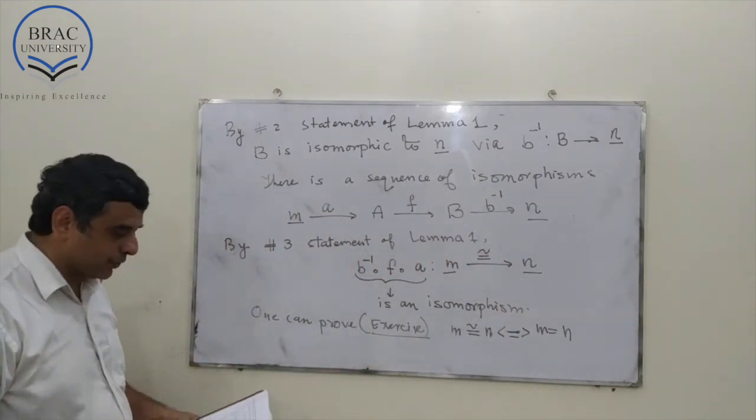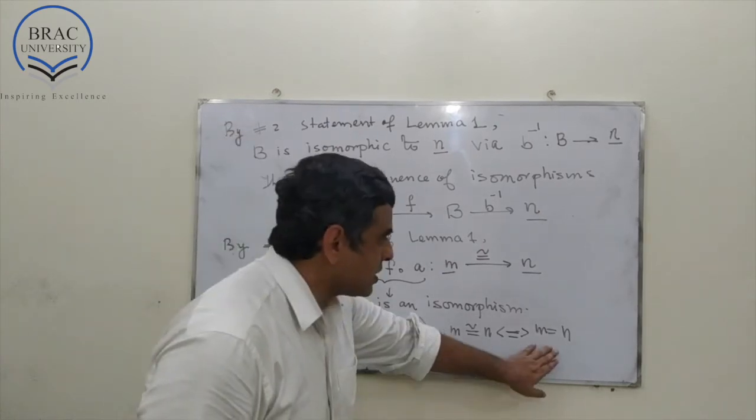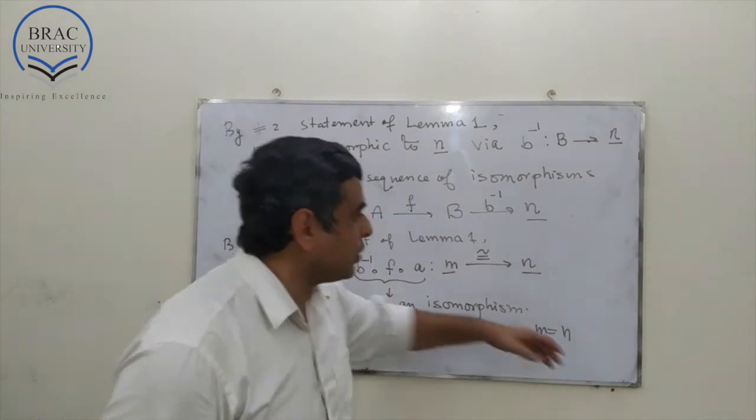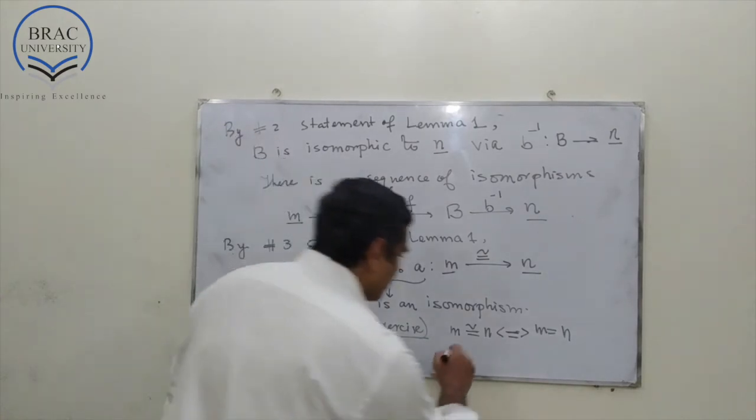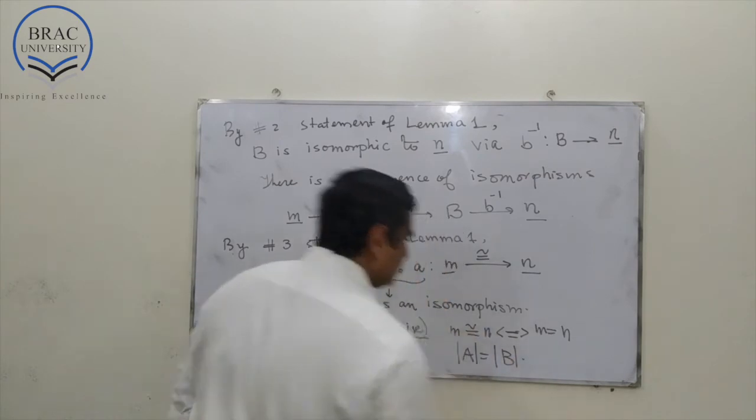It's a very important result. So, since you are done proving that M is equal to N, it implies that the cardinality of A is precisely equal to the cardinality of B.